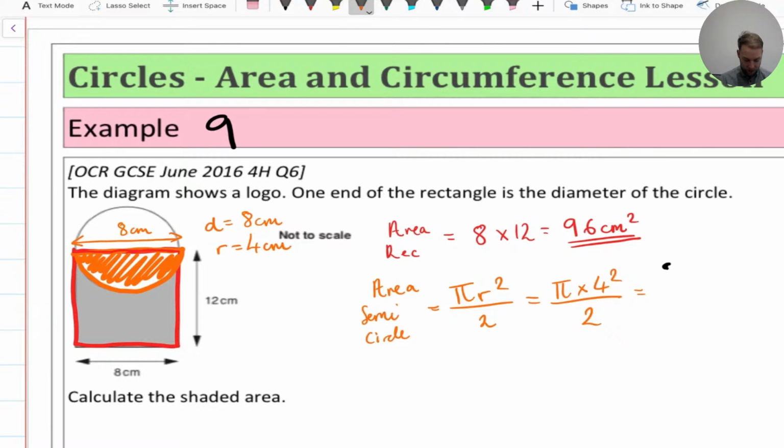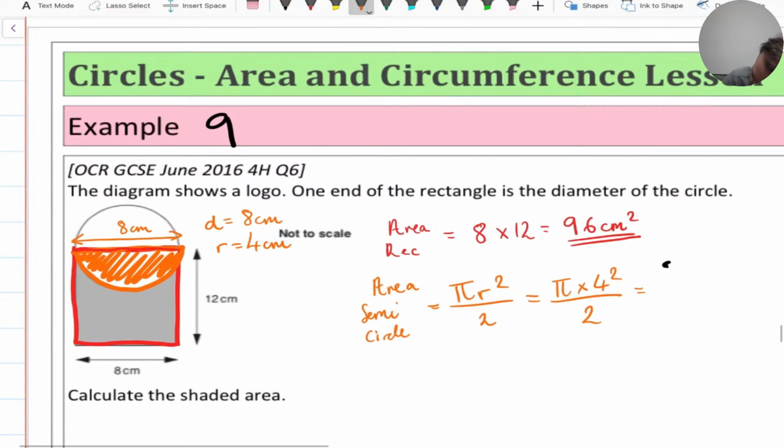We'll put that in our calculators. Remember, the pi button is the one above the times 10 to the x. And we're going to have to press the fraction button first. So fraction, shift pi times 4 squared, all divided by 2, is equal to 8 pi centimeters squared.